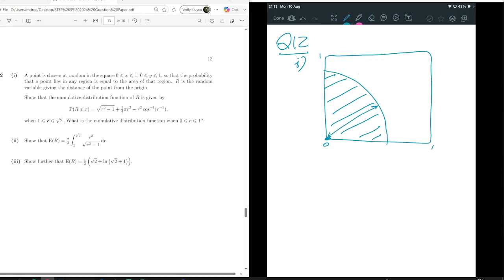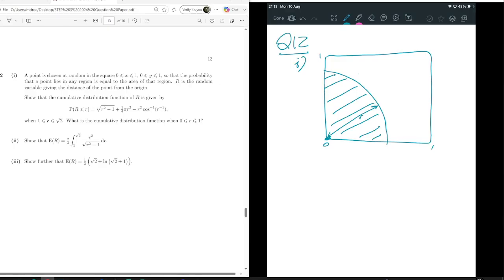So we're actually having what's called a cumulative distribution. Think cumulative frequency, it's up to that value. And that's exactly what the question wants us to show: the cumulative distribution function, which is given by that expression.